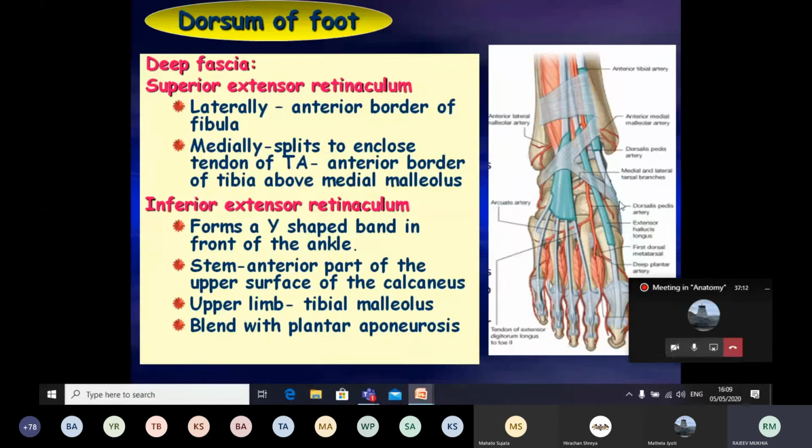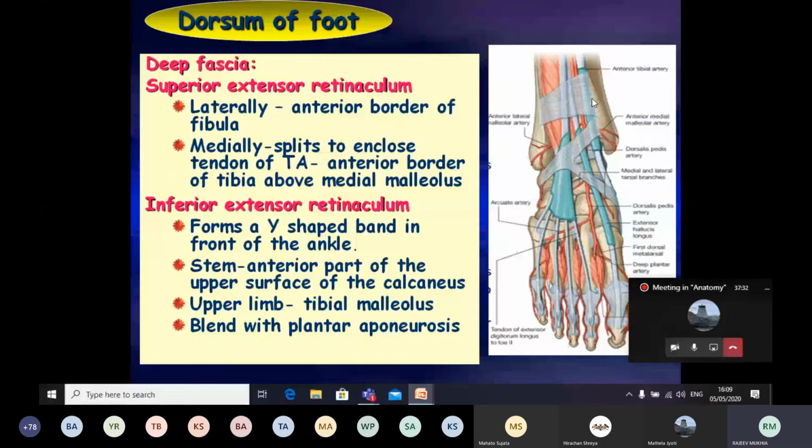The plantar aponeurosis is the thick fascia of the foot. So we have two thickenings, the superior and inferior extensor retinacula, attached to the tibia and fibula. All the tendons present here pass deep to the extensor retinaculum.